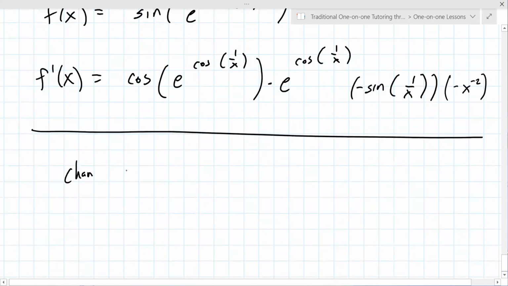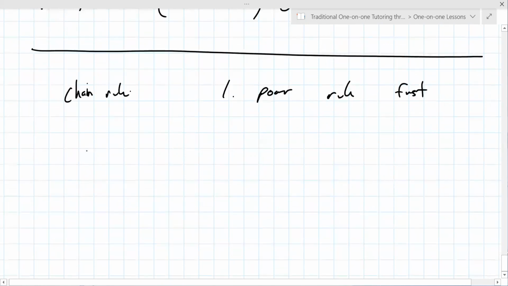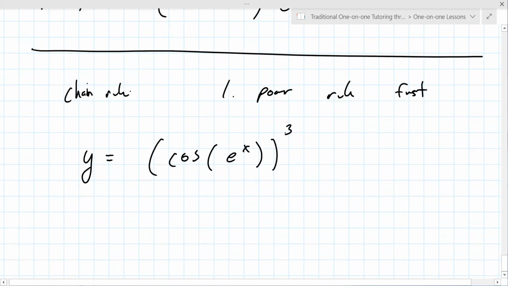Okay, so now we're going to do some chain rule problems, but you're going to do the power rule first. For example, let's say y equals cosine of e to the x, all to the power of 3.